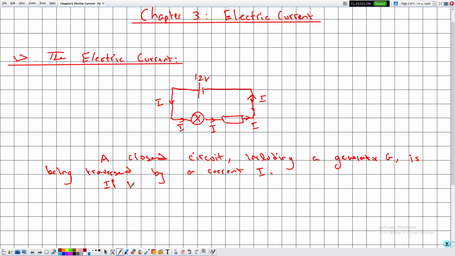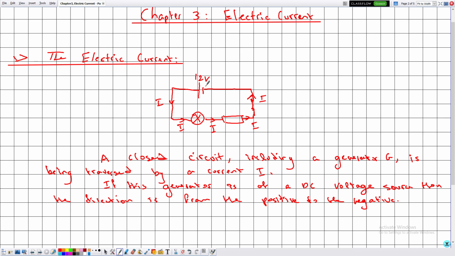If this generator is a DC voltage source, then the direction of the electric current is from the positive pole to the negative pole.